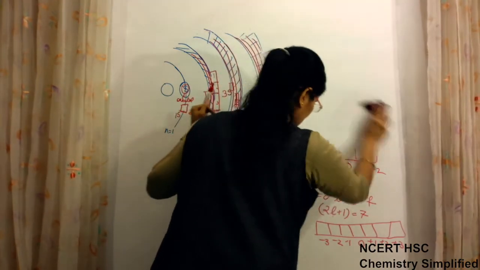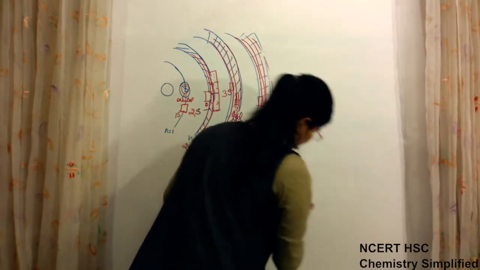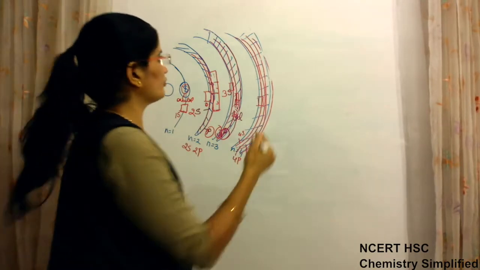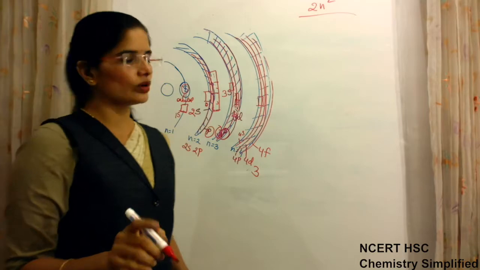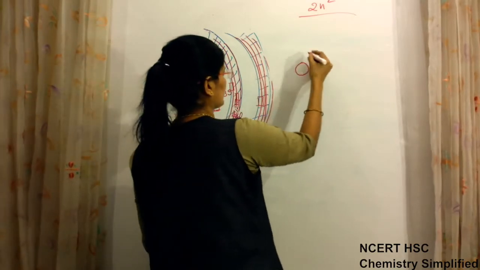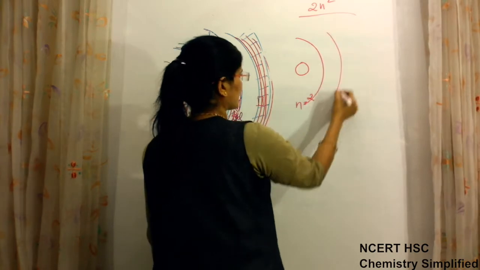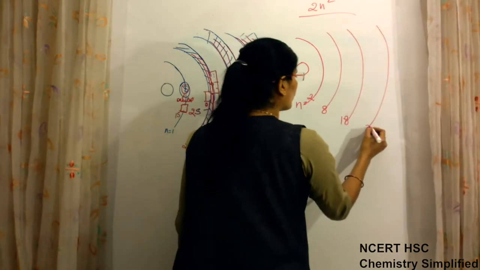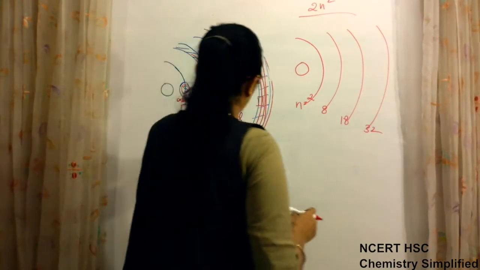Okay. Now let us come to how electrons are filled, which we were thinking about when we were studying Bohr's model. The formula for filling of electrons was the 2n square rule. According to that, this is the nucleus, and the first shell will have 2 electrons, the second will have 8 electrons, the third will have 18 electrons, and the fourth will have 32 electrons. This was the only thing we had been studying.